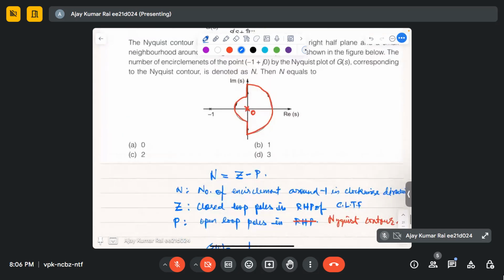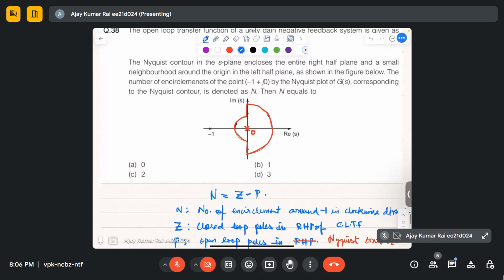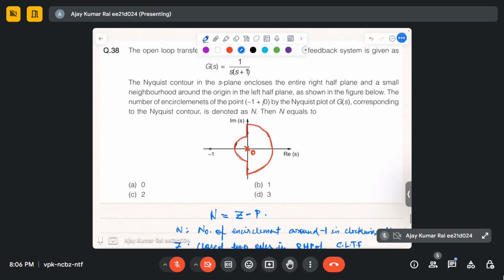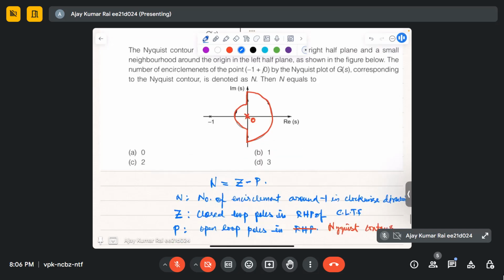Okay, so I'm getting what? N equal to minus 1. Did I miss something?